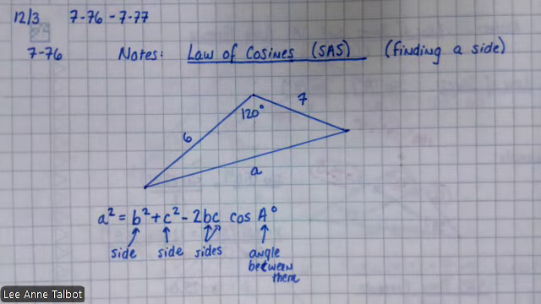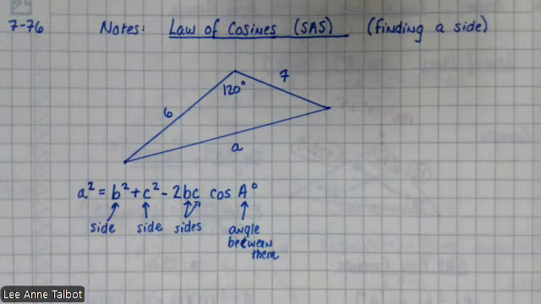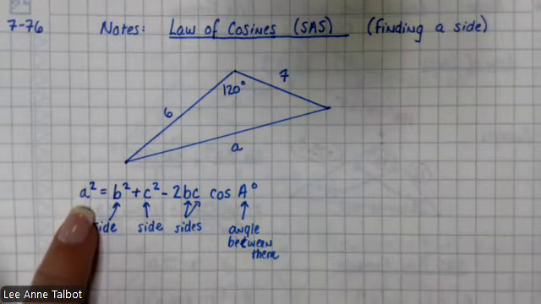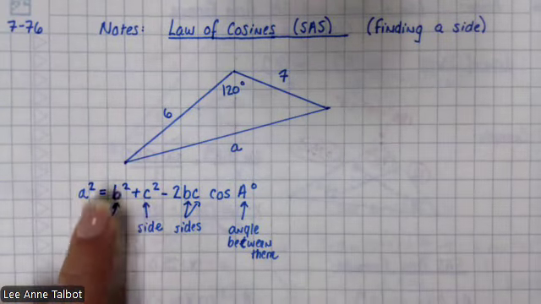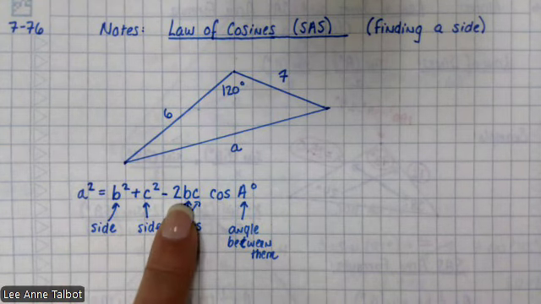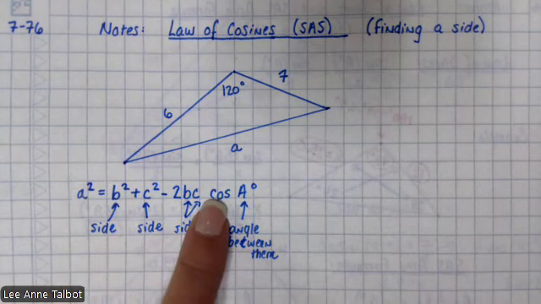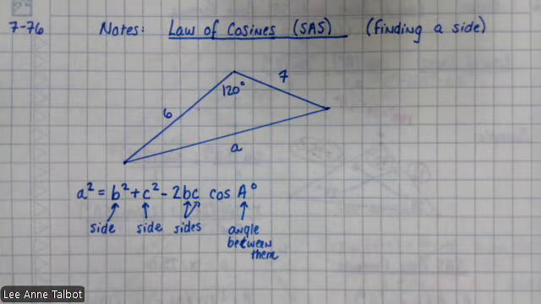It should feel kind of like the side angle side area formula because it's side angle side. Okay, so a squared equals b squared plus c squared. So side squared plus side squared minus 2 times that first side times the second side cosine of the angle between them. And then it just turns into calculator.